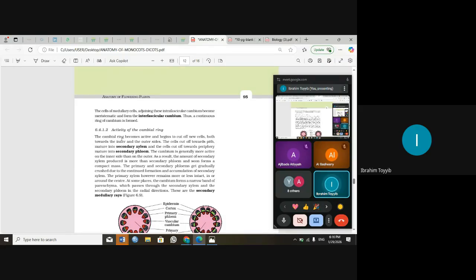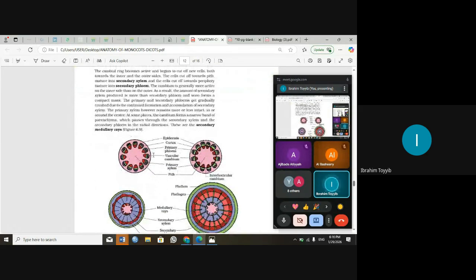So the cambial ring becomes active and begins to cut off new cells, both towards the inner and outer. They cut off towards the pith and mature into secondary xylem and secondary phloem.